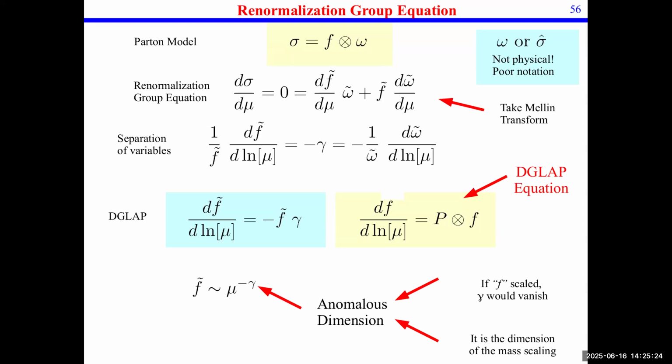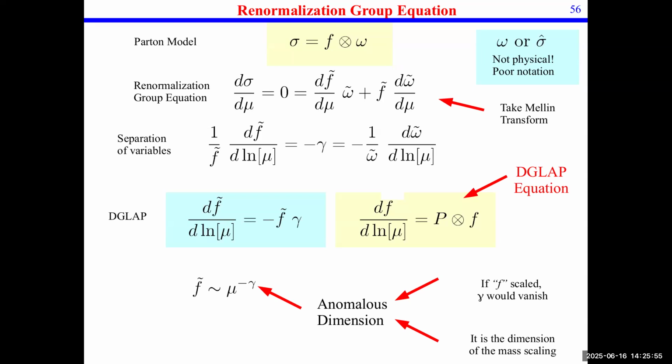So it's the mass dimension that F scales with, hence the word dimension. And it's anomalous because if I had perfect scaling, that is, if they were really point-like particles and did not depend on energy, that would be 0. Okay, and so that's what it is in Mellin space, and then you map it over, and you have these splitting kernels that give you the evolution of those. But that's essentially the link between the two.